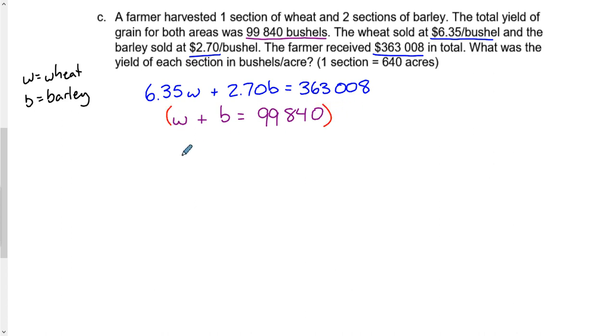I am going to eliminate the B. So I'm going to multiply both of these by 2.70, which means then I'm going to have 2.70 W plus 2.70 B equals, use my trusty dusty calculator, 99,840 times 2.70 is 269,568.